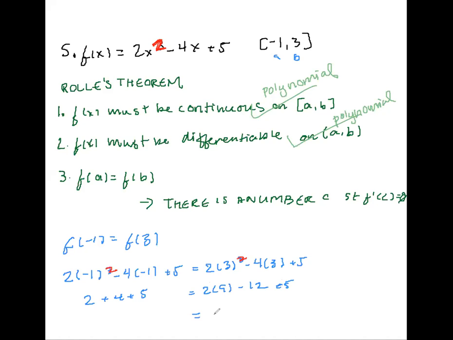This is going to be 18 minus 12 plus 5, that'll be 6 plus 5, or 11. And this will be 2 plus 9, or 11. So 11 is equal to 11. We've set ourselves up so that this is true. f of a is indeed equal to f of b.